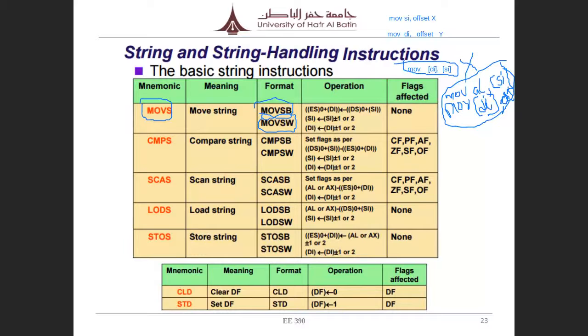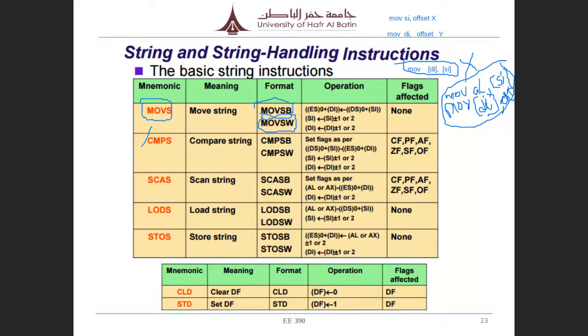We can copy from one memory location to another as a byte, that means one memory location's data to another, or we can copy it as a word, that means two memory locations' data, 2 bytes as a word. So move string as a word. Okay, so let's see more.